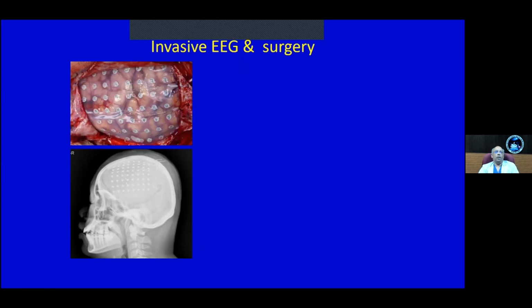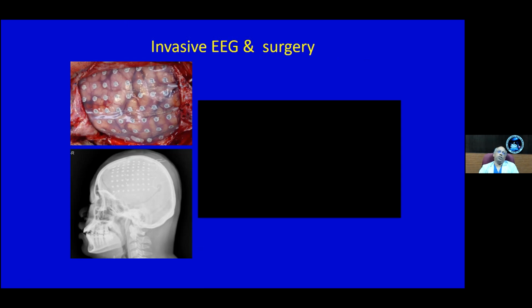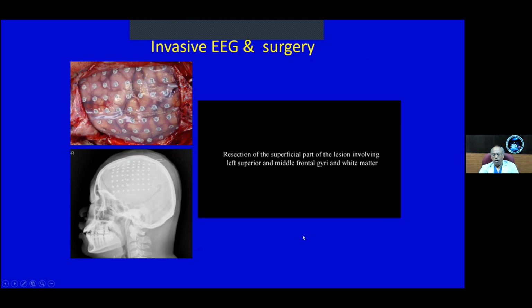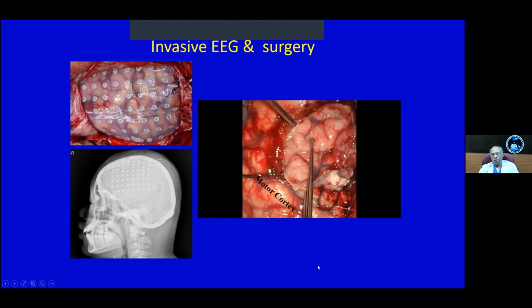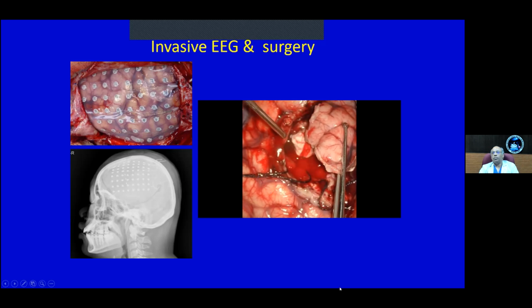So she underwent implantation, which revealed that the anatomical abnormality has got no functioning tissue, and the seizure onset is actually from the anterior part of the lesion, which helped us to do gross total resection of the lesion.